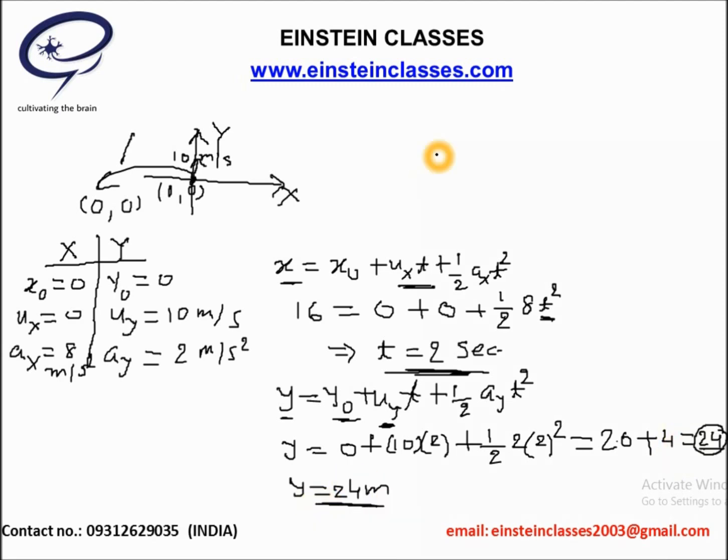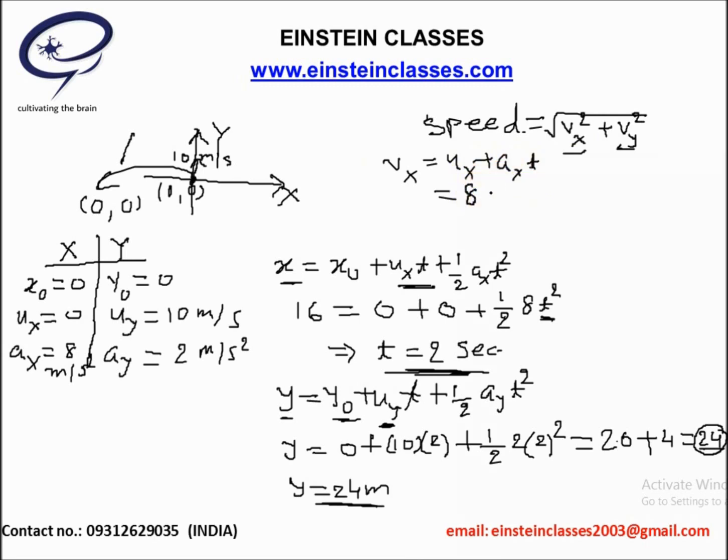Now the next part of the problem is that we have to find the speed of the particle at this moment. Speed will be equal to root over vx square plus vy square. Now find the value of vx and vy at t equal to 2 seconds. vx equal to ux plus ax into t. ux is 0 and ax is 8, and 8 into 2 will come out 16 meter per second.